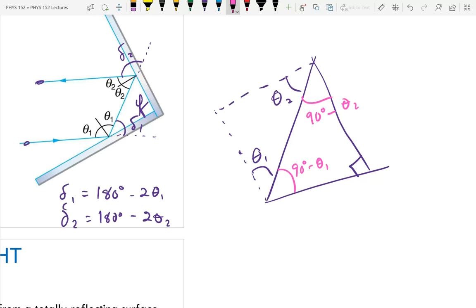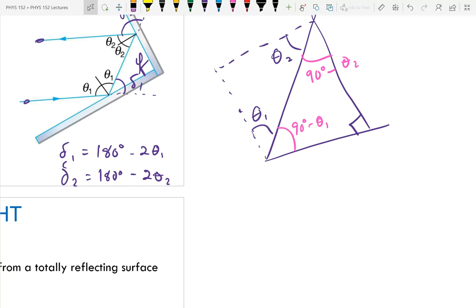And we know that the sum of interior angles of a triangle is always 180 degrees.